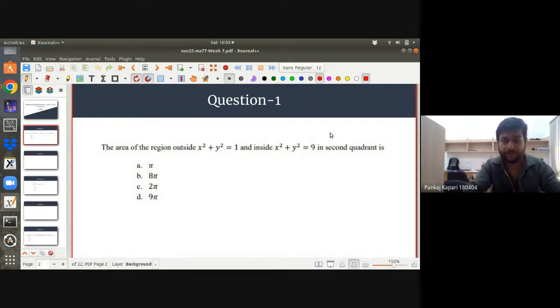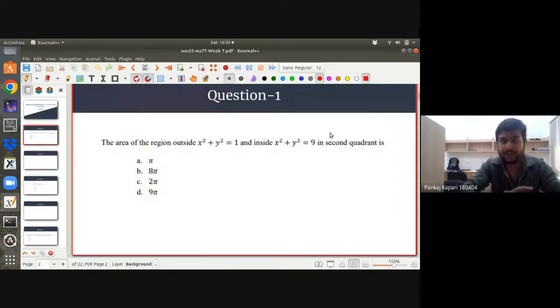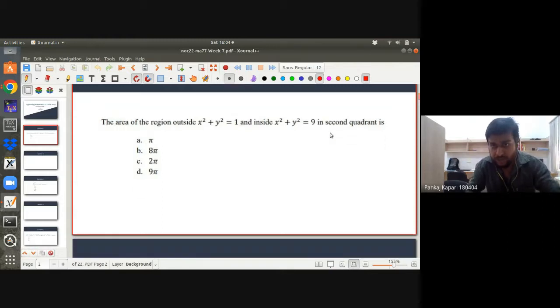Okay, so here we have to find the area outside of a circle, x square plus y square equal to 1, and inside another circle, x square plus y square equal to 9. So let's draw the region first, whose area we have to find. Let's say this is our 3.